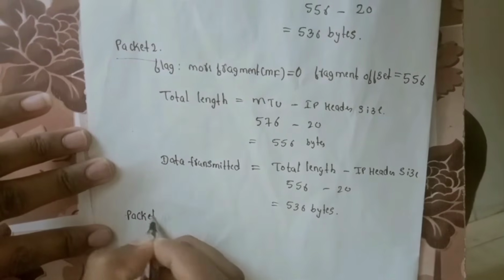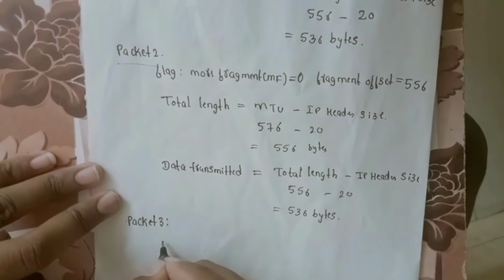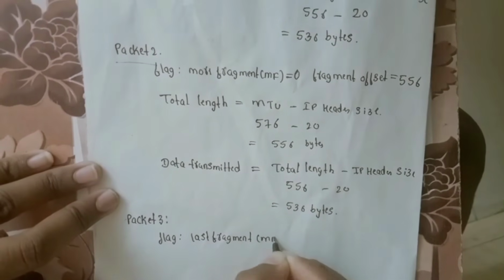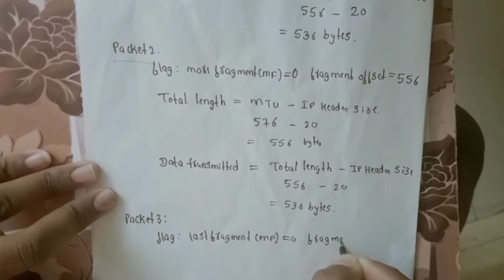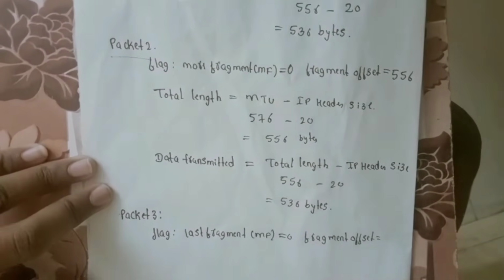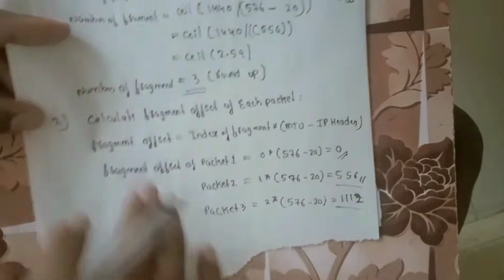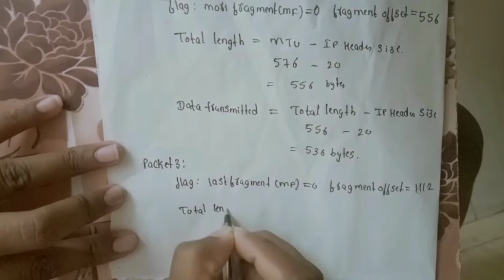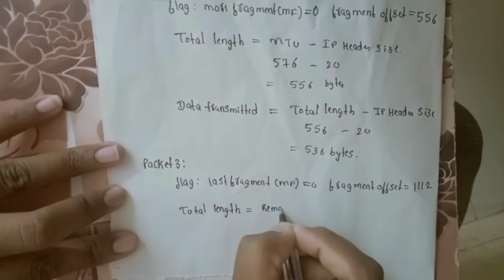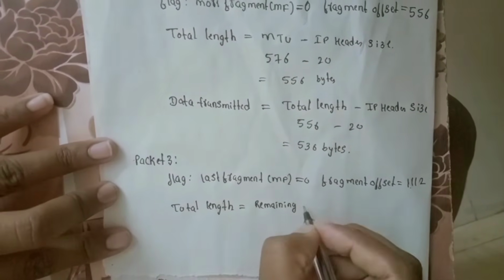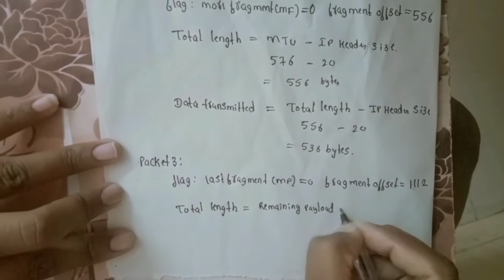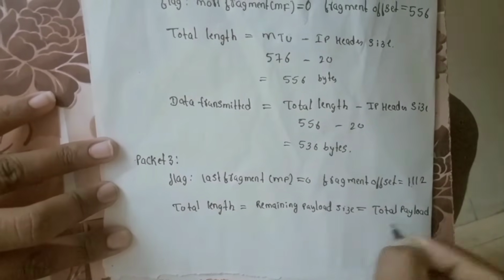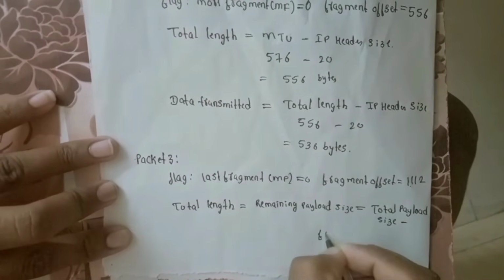Now we find packet 3. For packet 3, the flag, or last fragment, is 0. Fragment offset is equal to 1112, which we already found here. Then total length is equal to our remaining payload size, which is total payload size minus fragment offset.